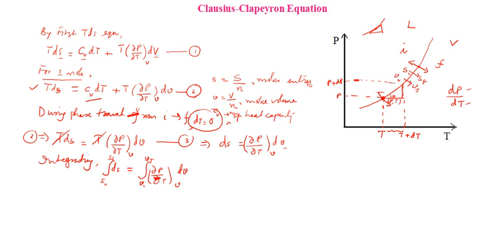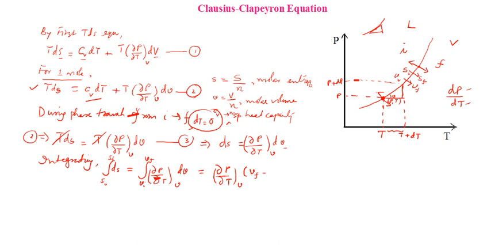Now ∂P/∂T represents a value at V; it will have a numerical value, so it can be regarded as a constant. On integrating, the integral of dV is V, so it will be Vf minus Vi.